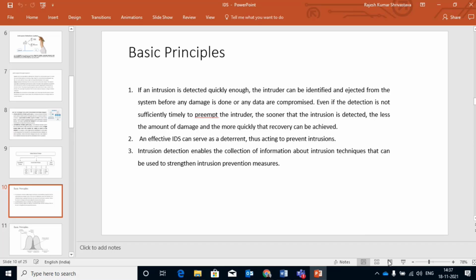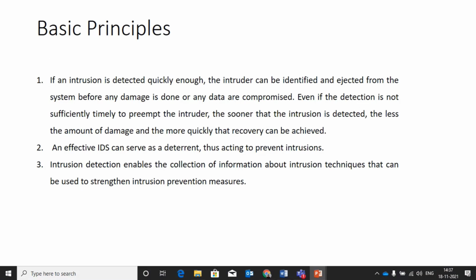It should detect the intrusion as fast as possible, so the intruder can be identified and ejected from the system before any damage is done or any data are compromised. Even if the detection is not timely enough to preempt the intruders, the sooner the intrusion is detected, the less the damage and the more quickly recovery can be achieved. That means the sooner you figure it out, the more beneficial it is for you.